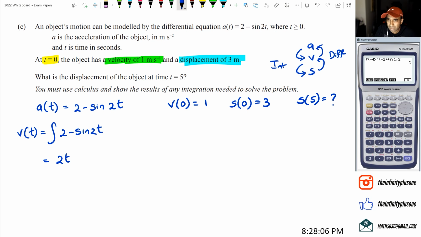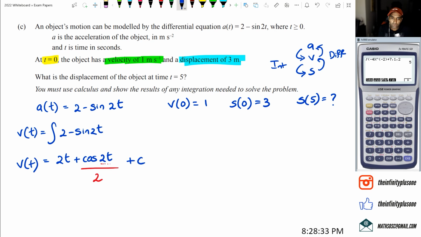Now negative sine, when you integrate it, you get positive cos. So this is going to become cos 2t. But you've got to divide by the derivative of whatever is inside that cos function, which in this case, the derivative of 2t is 2. And of course, remember the plus c. So this is what the velocity function is equal to.